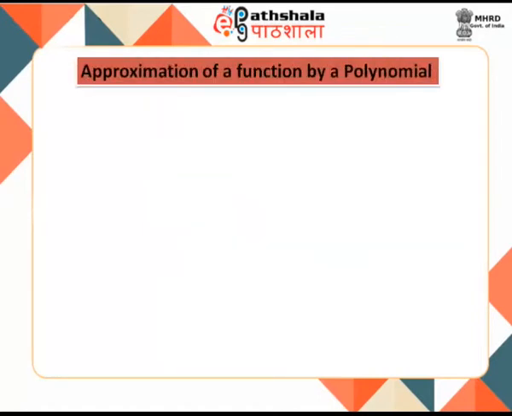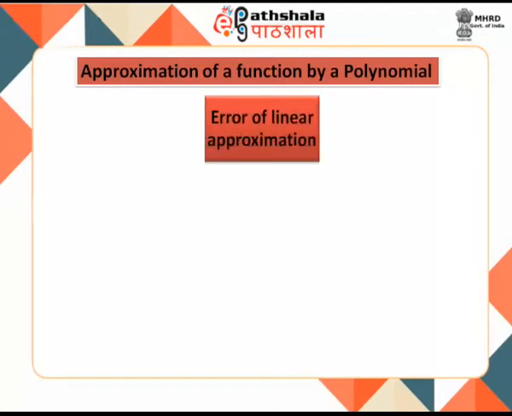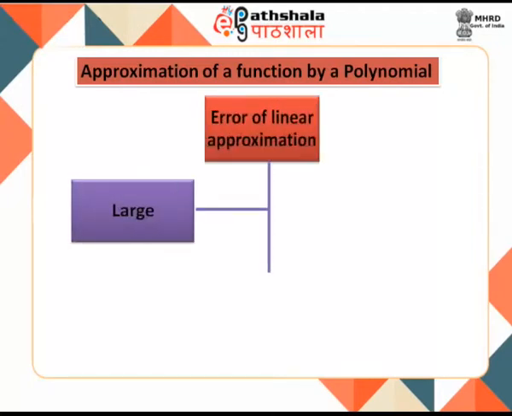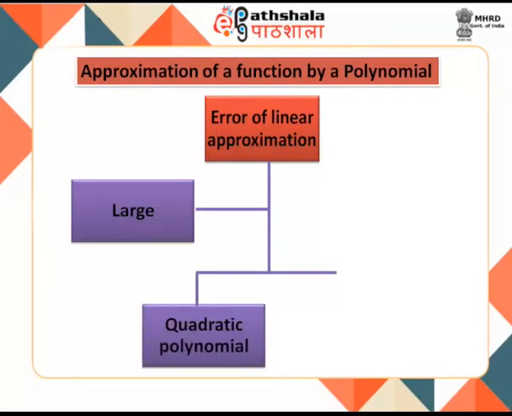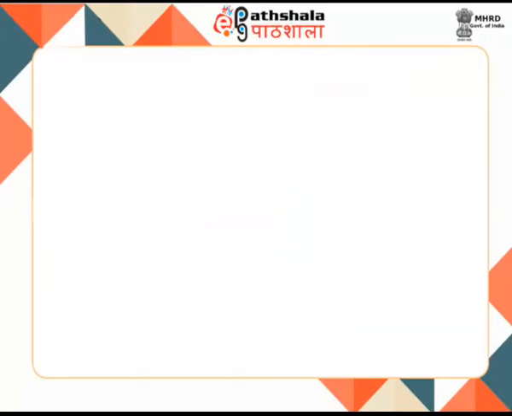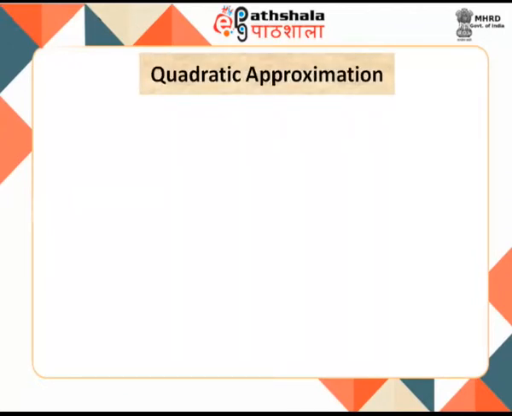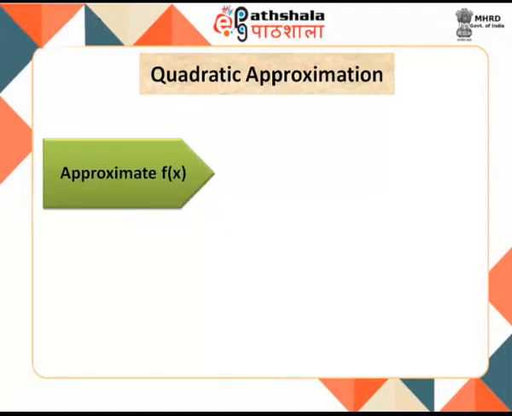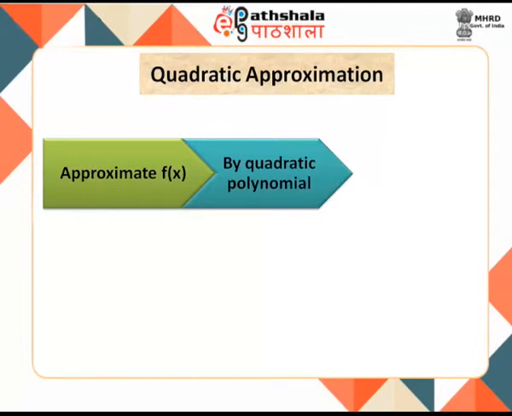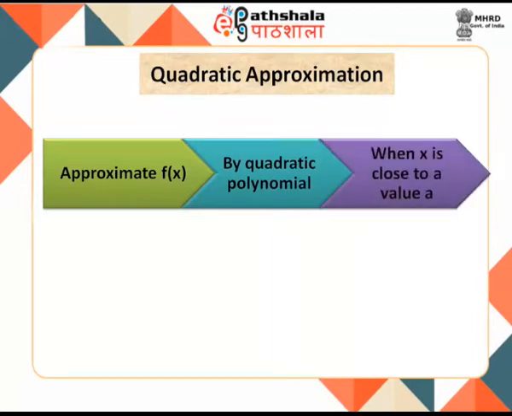Next is the approximation of a function by a polynomial. In situations where the error of linear approximation is large, we may try approximating by a quadratic or higher degree polynomial. First, we understand quadratic approximation. Suppose we want to approximate f of x by a quadratic polynomial when x is close to a value a.